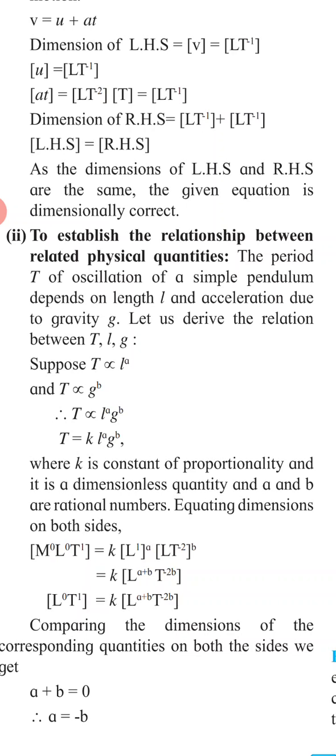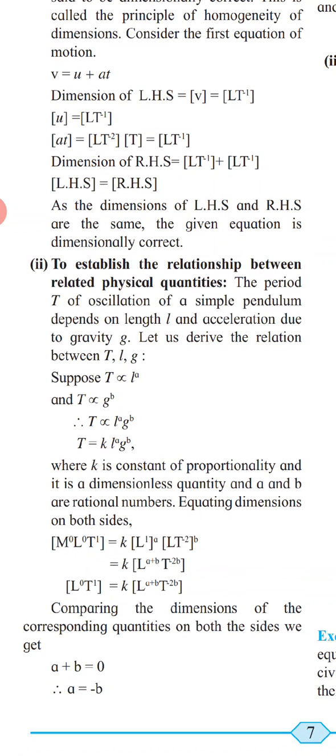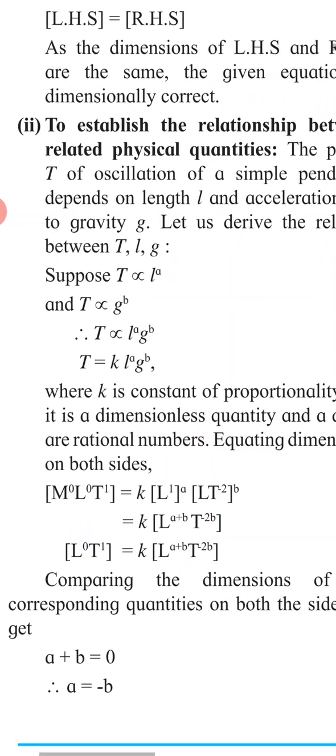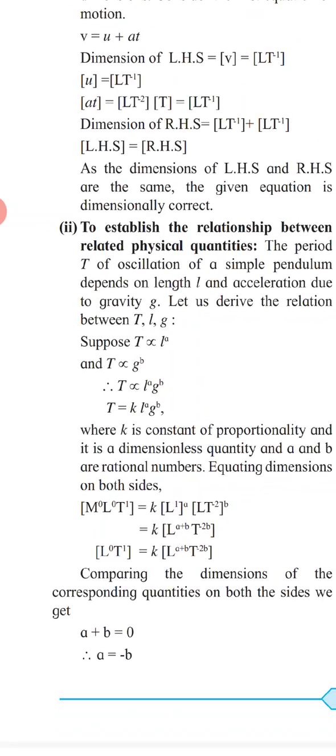Now we have to compare each power, okay, for mass, for length and for time. Suppose for length, if you consider both the sides power, length power will be what? Here L raised to a plus b, which is equal to 0 on LHS. So a plus b equal to 0, therefore a equal to minus b.